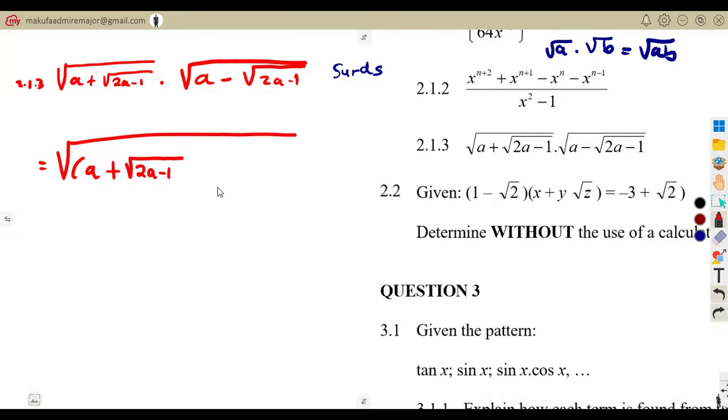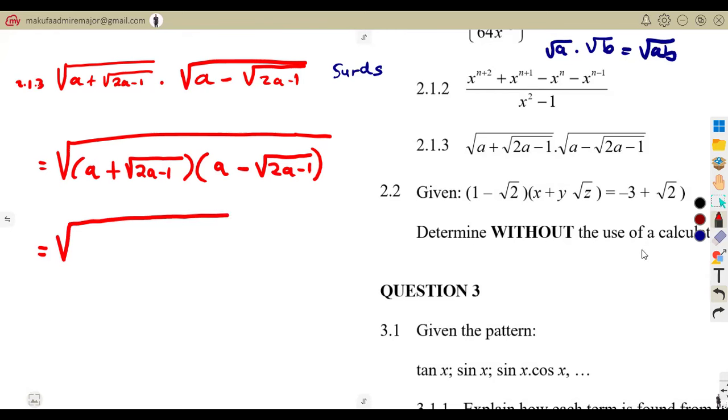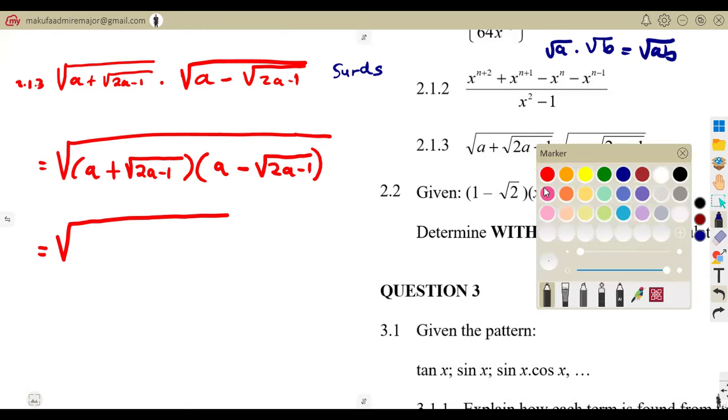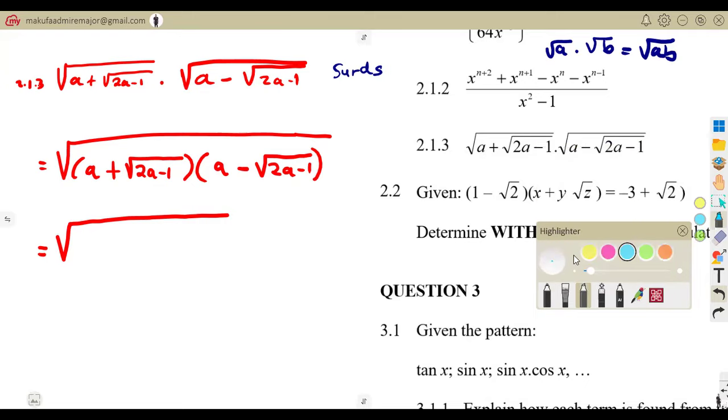All right, so this is supposed to be multiplied by the other part, which is under the square root, a minus the square root of 2a minus 1. Everything is under the square root. As we consider the terms under the square root, we can see that they are exactly the same in these brackets.